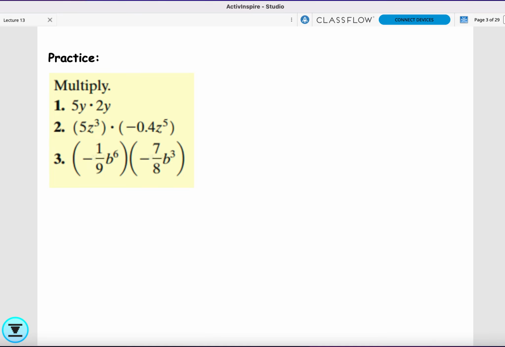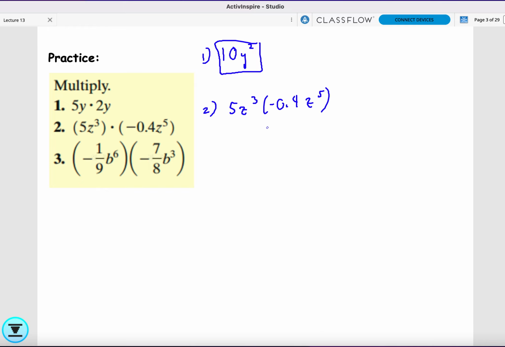Here are the first set of practice problems, guys. Give this a shot. Pause it here. So number 1, 5y times 2y. 5 times 2 is 10. Y times y is just y squared. Number 2, we have 5z to the third times negative 0.4 z to the fifth.